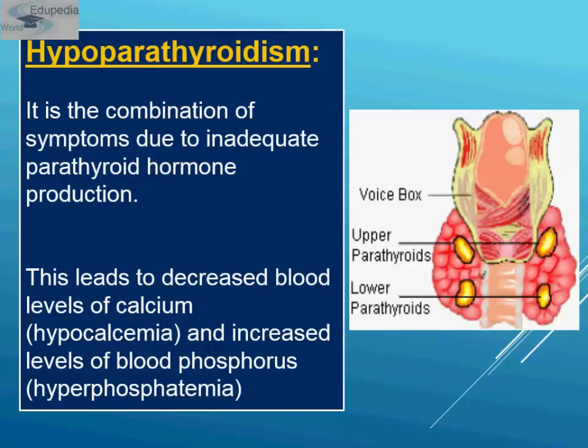Sustained contraction of muscles of the larynx, face, hand and feet are produced, and this disorder is also known as hypocalcemic tetany or parathyroid tetany. Don't get confused with it: because it leads to a decreased blood level of calcium, we call it hypocalcemic tetany, and because of the increased level of blood phosphorus, hyperphosphatemia, we call it parathyroid tetany.